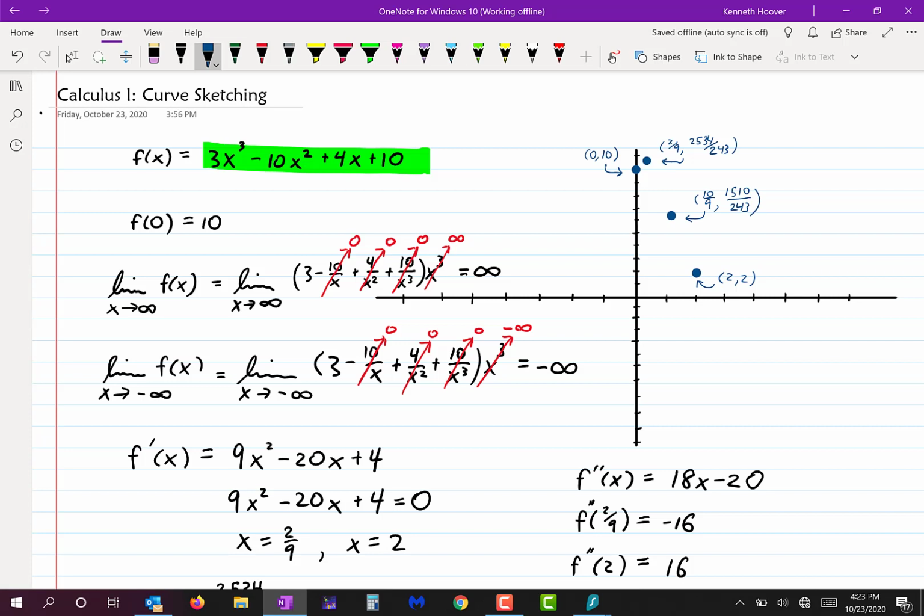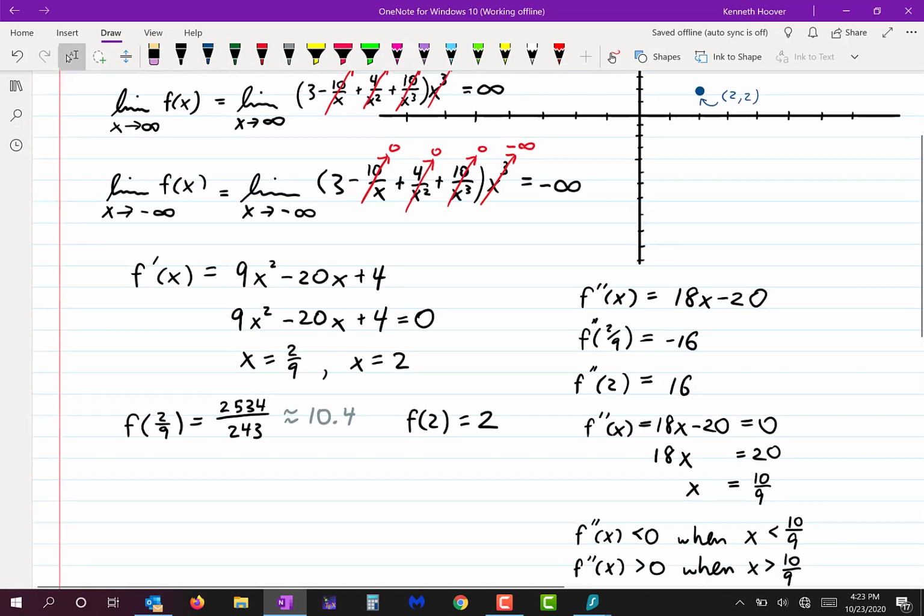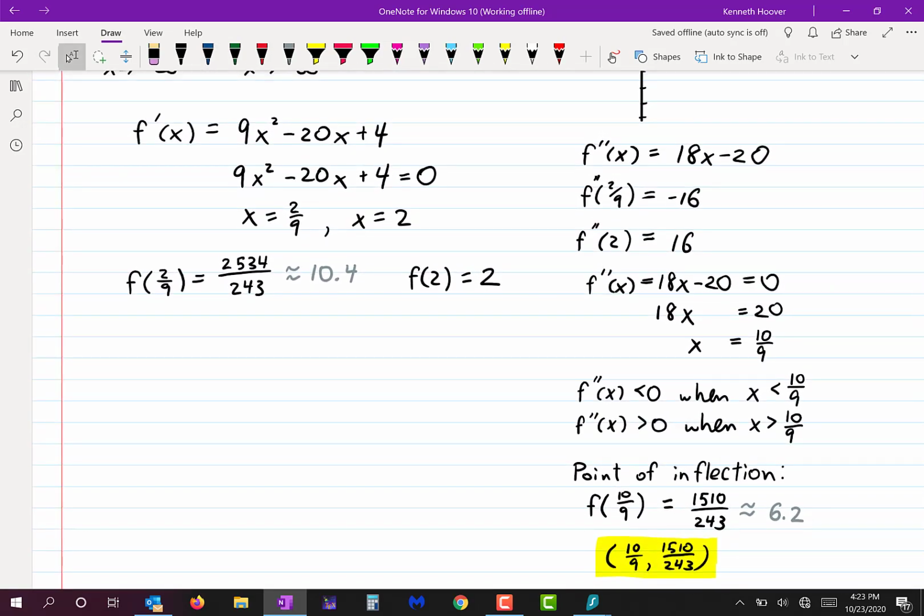Okay. What else can I do with you? Oh, so let's go ahead and write down the max and min that we had found. We found a relative maximum, and we found a relative minimum.